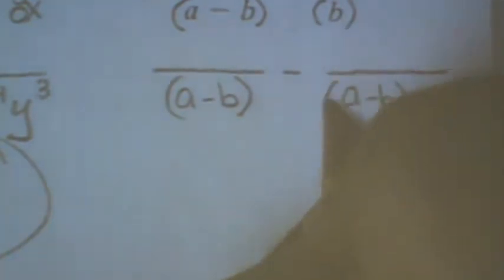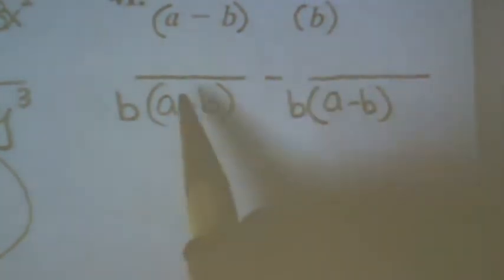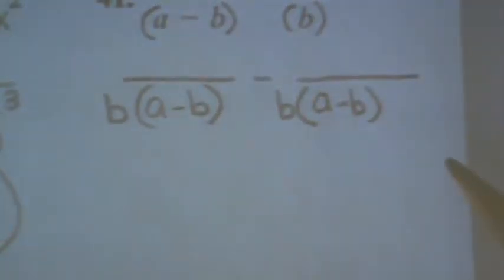Yep. I'm gonna put a parenthesis around this and this. Can you tell me what the common denominator is? It is A minus B, but there's something else, and a plain old B. This is one of the more difficult ones, because you can't times it by one.